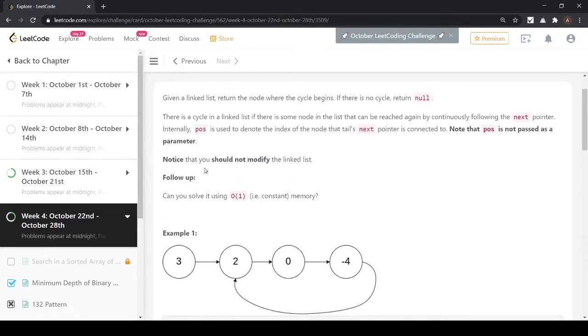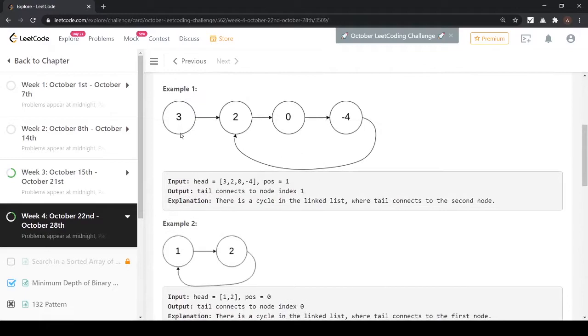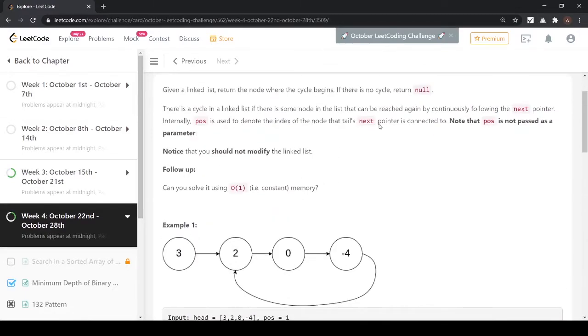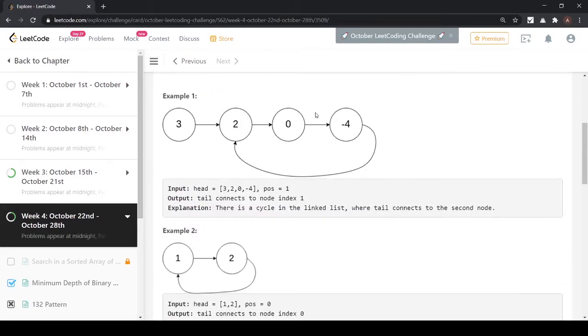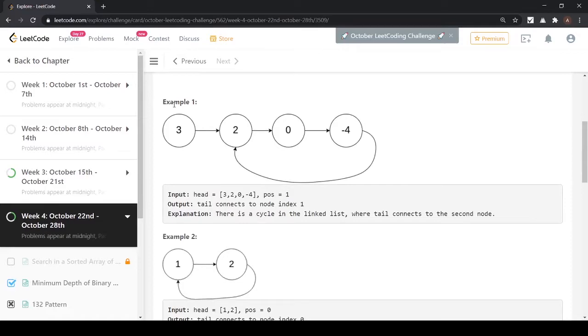In this problem, we have to find if a cycle exists in a linked list. We are provided with a head pointer, which is pointing to the first node of the linked list.